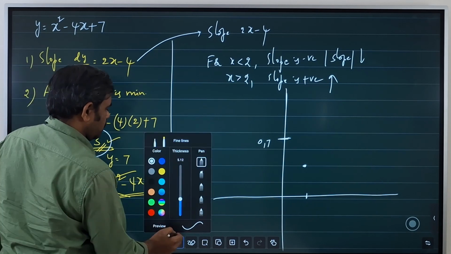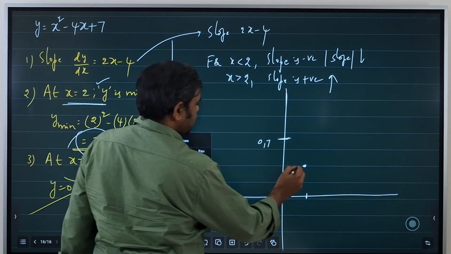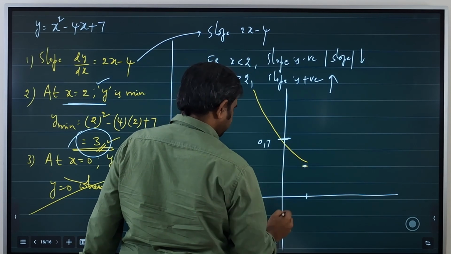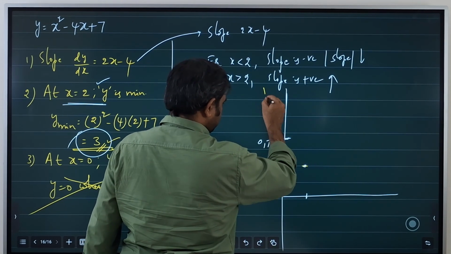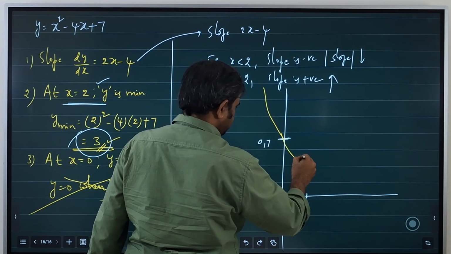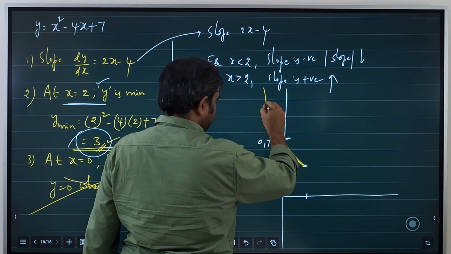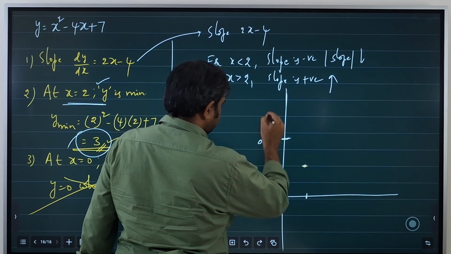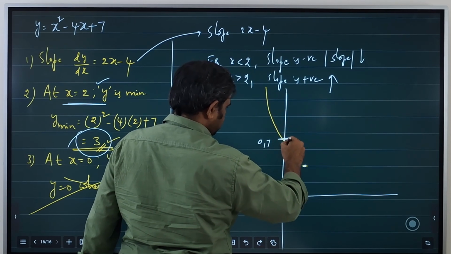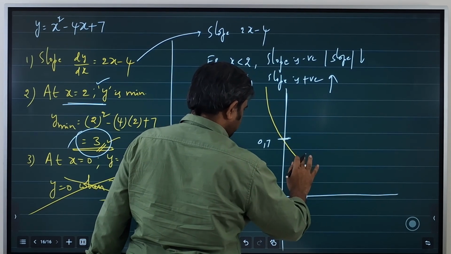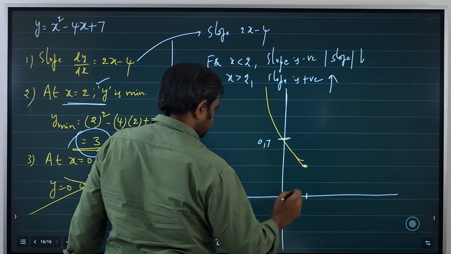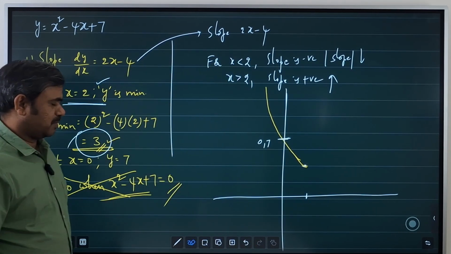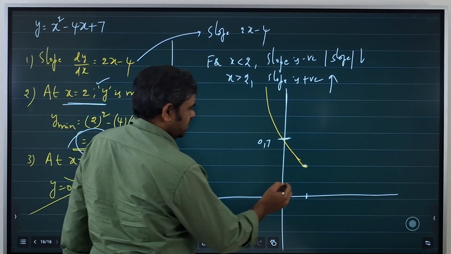Up to this point, y decreases, becomes minimum there, and then increases.